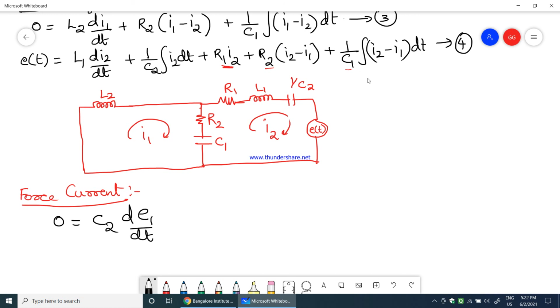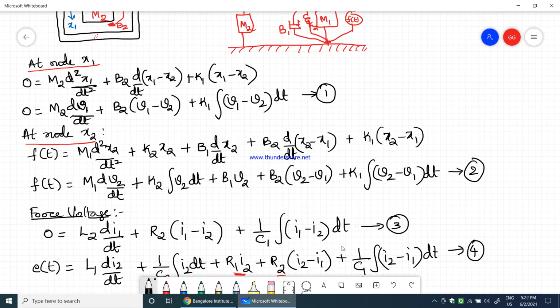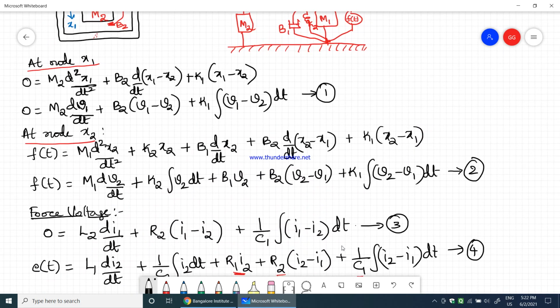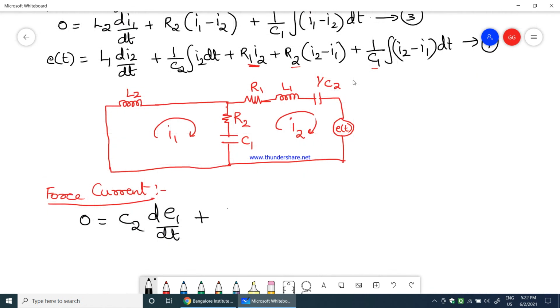So velocity equals voltage in force current, right, in the table, plus now the B, whatever you have in the mechanical system, B2 into V1 minus V2, which we have written. Now B will behave as the reciprocal of resistance.